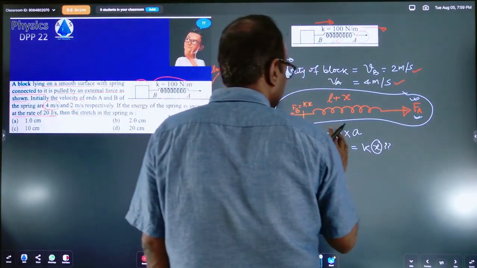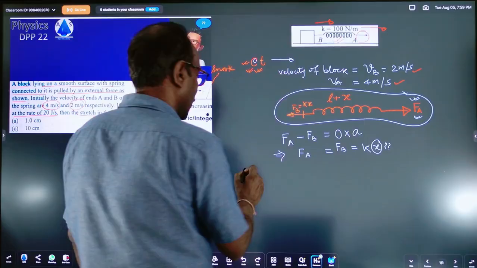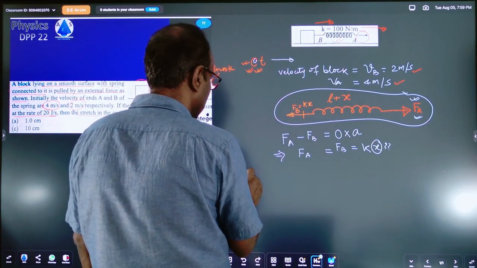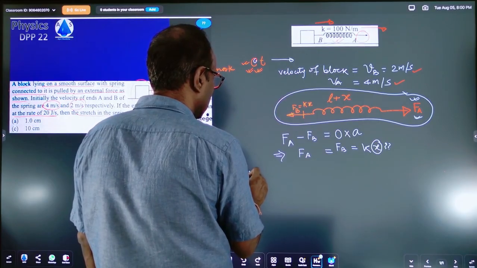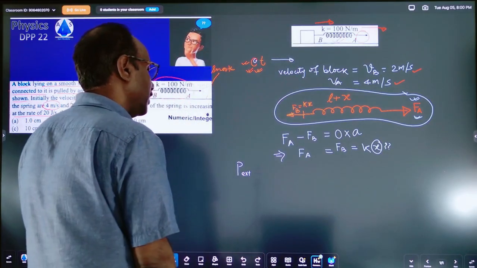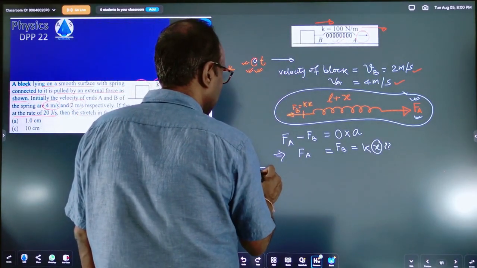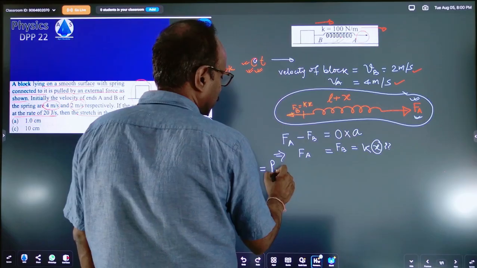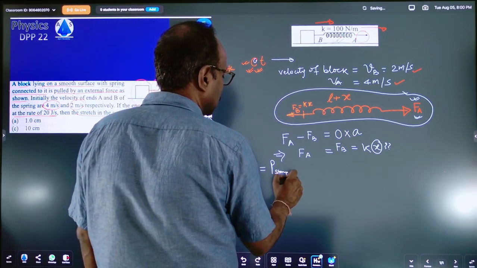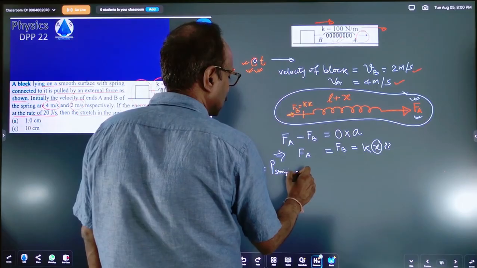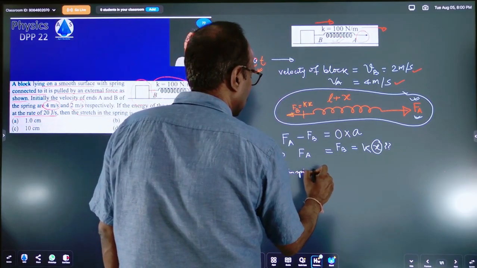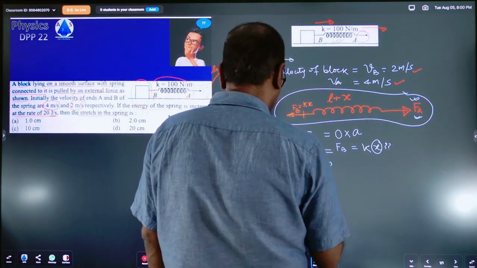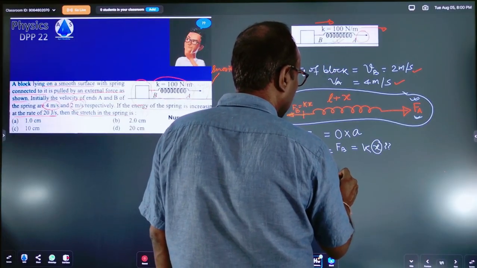Power delivered by the external force to the spring and block system is equal to power stored in the spring plus power delivered to the block.